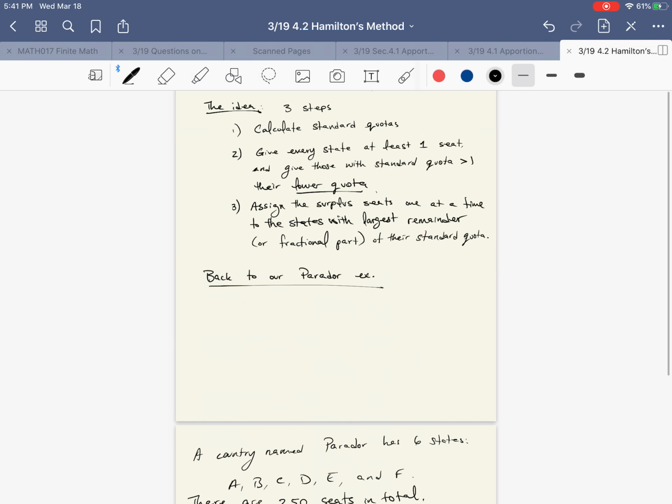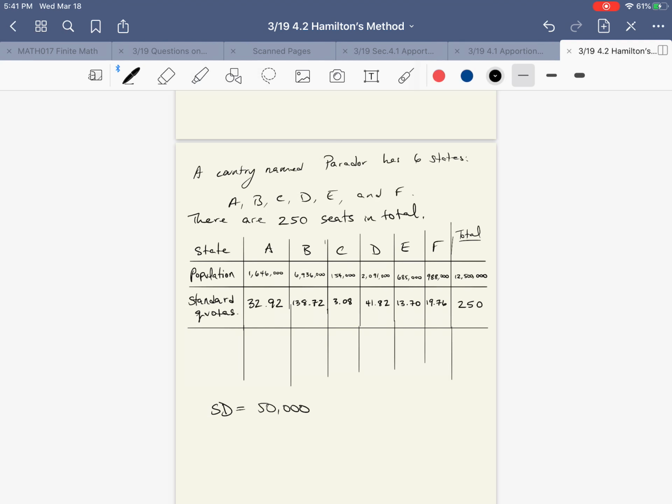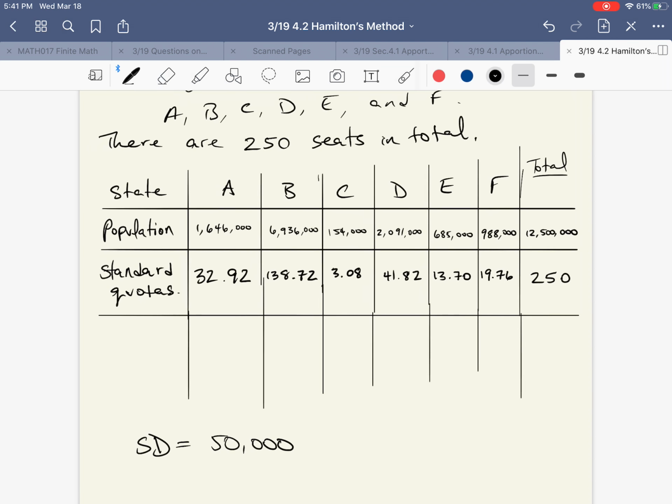Step 2 was to give every state their lower quota if they get one seat. Because every state has a standard quota above 1, we don't have to worry about every state getting at least one seat. So we can just give everyone their lower quotas, right? And remember that the lower quota was just the standard quota rounded down.